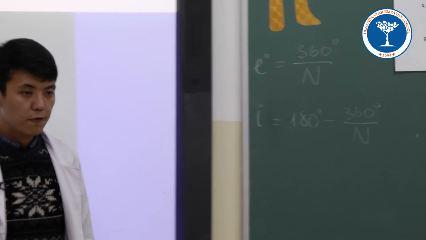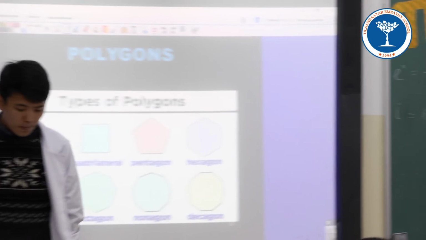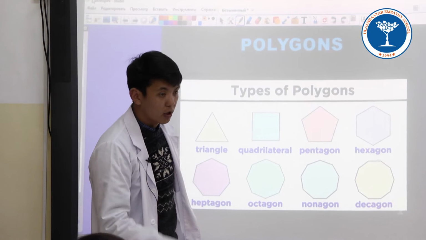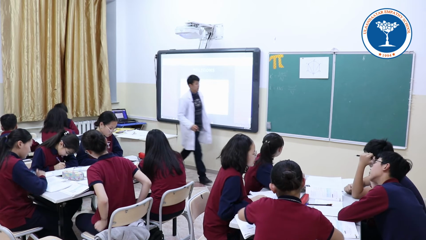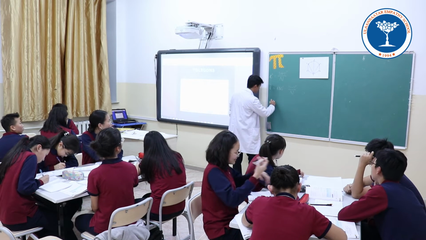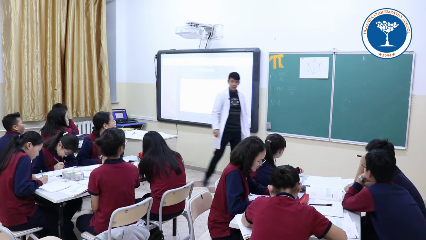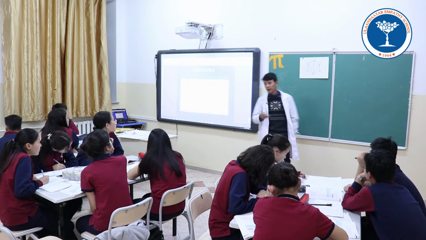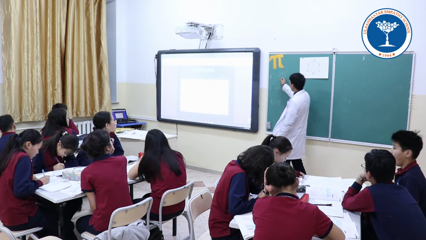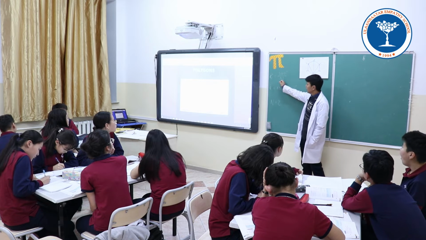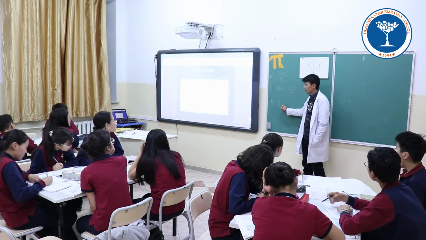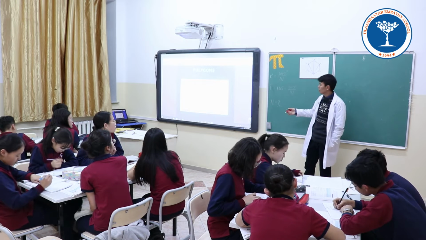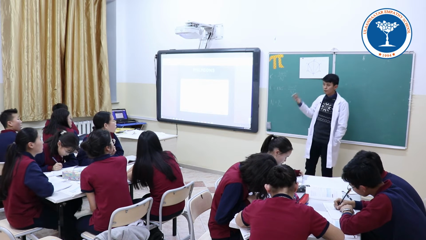These are our formulas. Now, we have a regular octagon. It means the number of sides is 8, yes? You just simply insert 8 instead of n. And since it's a regular polygon, you can use these formulas.